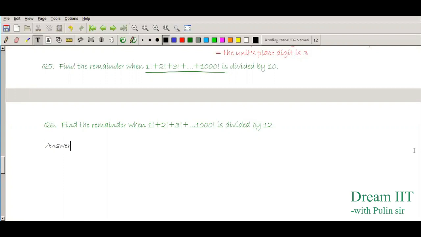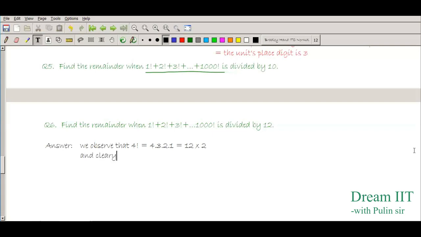There is a very small trick here, right? We observe that 4 factorial is equal to 4 into 3 into 2 into 1. That is giving you 12 into some factor 2, right? And 4 and 3 will be present from now onwards.